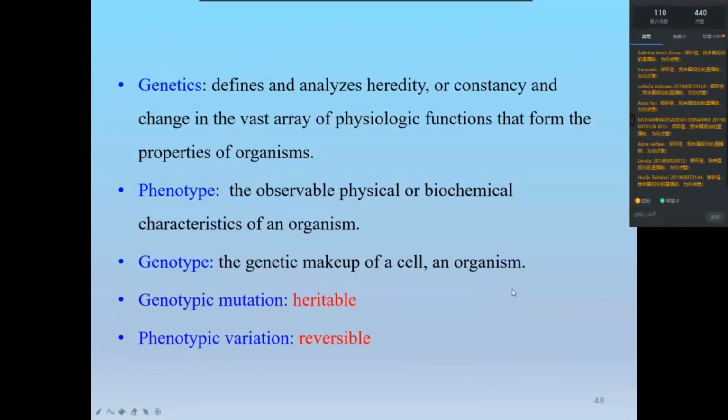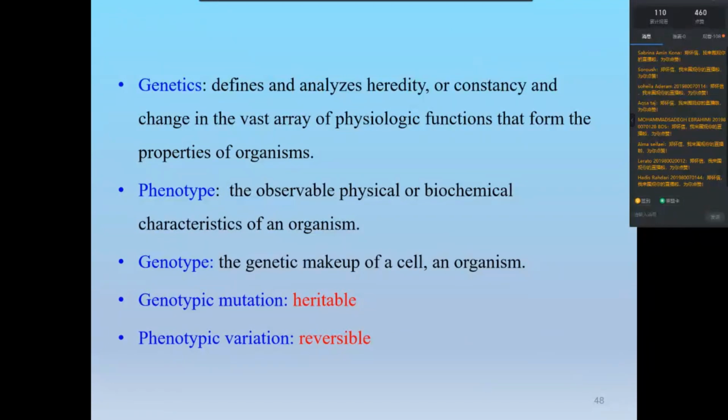Okay, so after learning this lecture, we should understand some basic terms, including genetics. Genetics defines and analyzes heredity, or constancy and change, in a vast array of physiologic functions that form the properties of an organism.